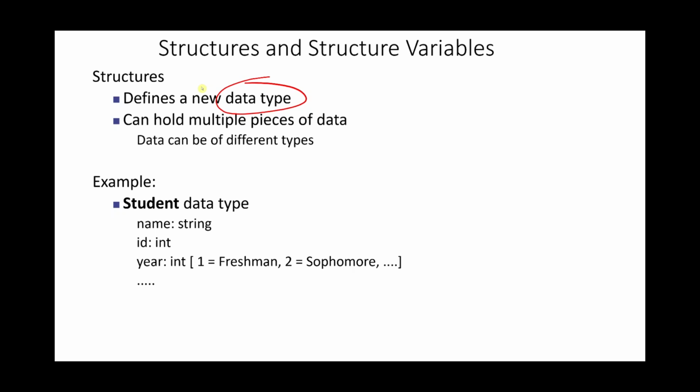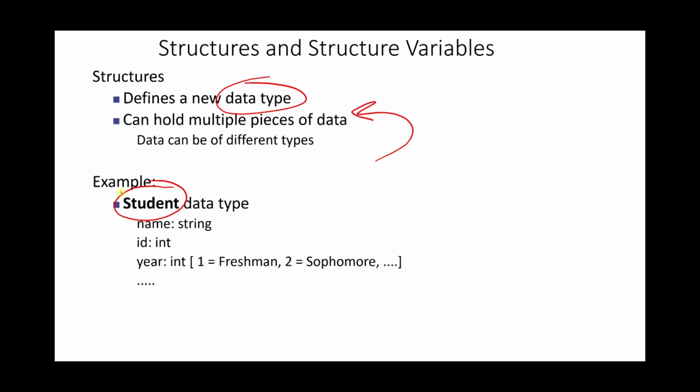The second point is that you can create that data type, and that data type can hold multiple pieces of data. So you can have different data types inside. Talking about my students in my classes, I want to create a data type that represents all of them. So I'm going to name it student.